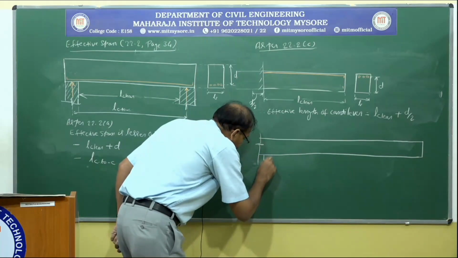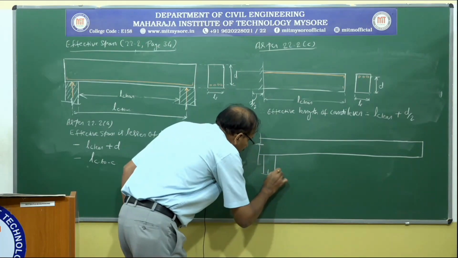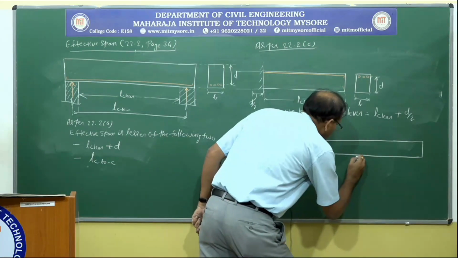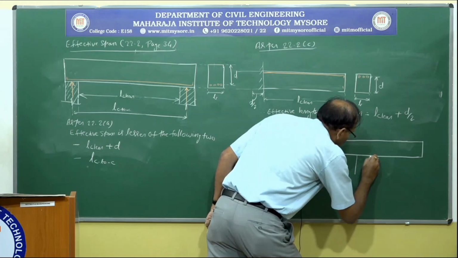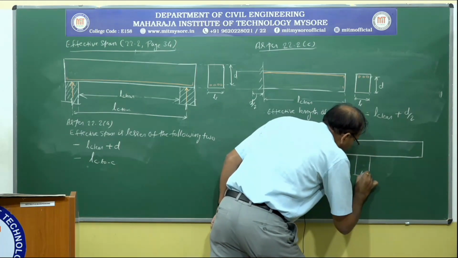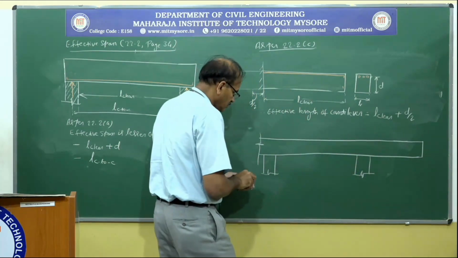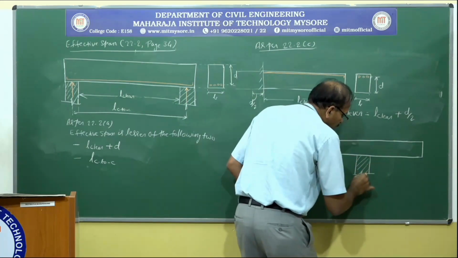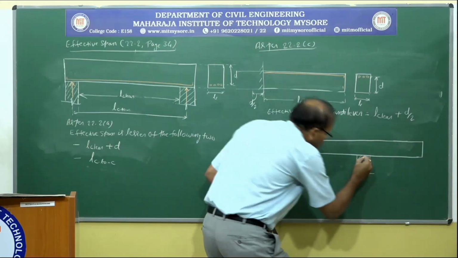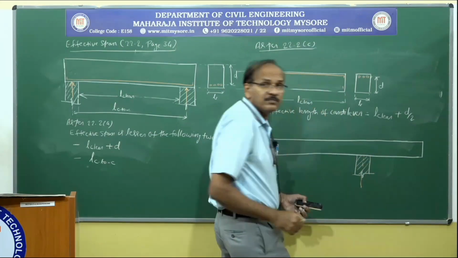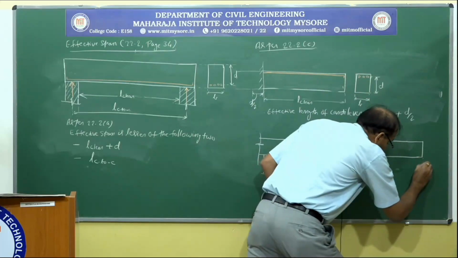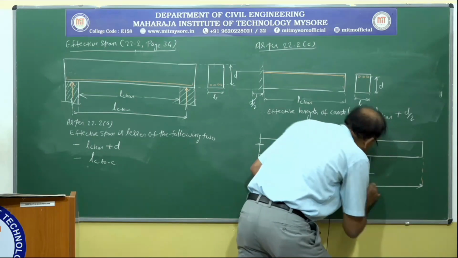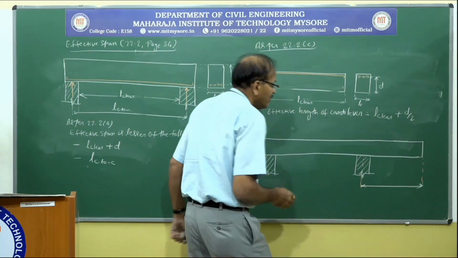So there is a support here. From the center of the support to the free end of the cantilever is the effective length of the cantilever.